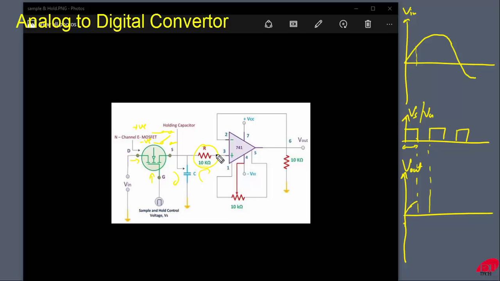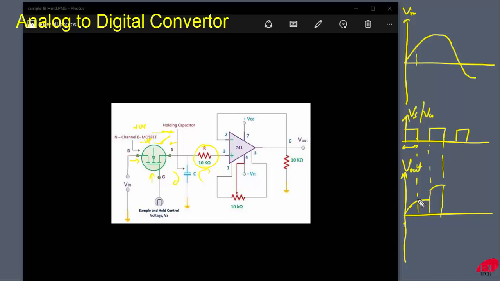So the capacitor will hold the charge for a definite amount of time, and then again when the pulse is high, this switch will act as a closed switch, and the voltage will be allowed to pass through it. In this way this procedure will go on and on.